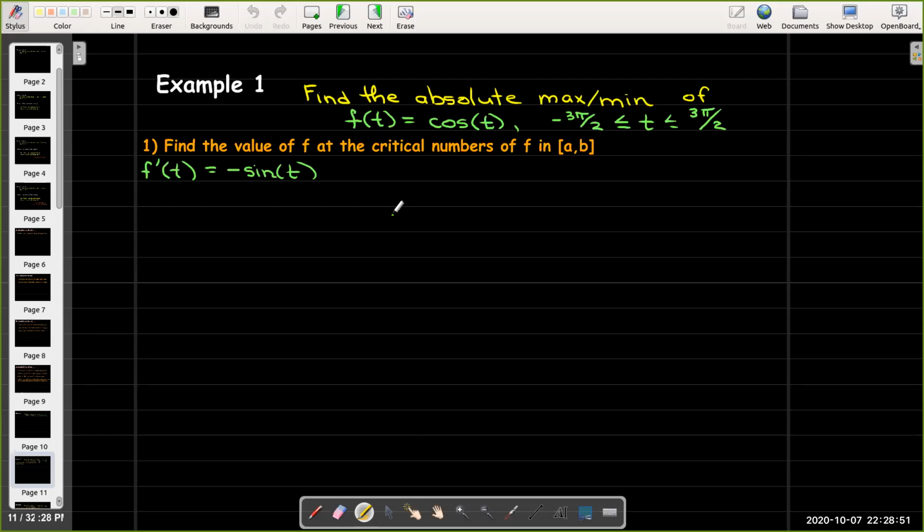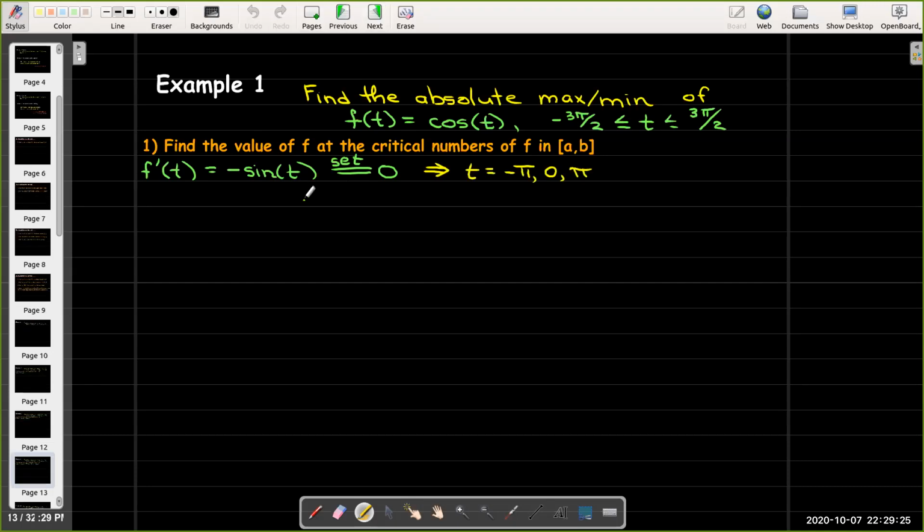So to find the critical numbers, we're going to take the derivative. F prime of t will be negative sine of t, and we'll set that equal to 0. Now we have to be careful to make sure the derivative is defined at every value in the domain of f. And in this case, the derivative is defined for all real numbers. So the only critical numbers are where the derivative equals 0.